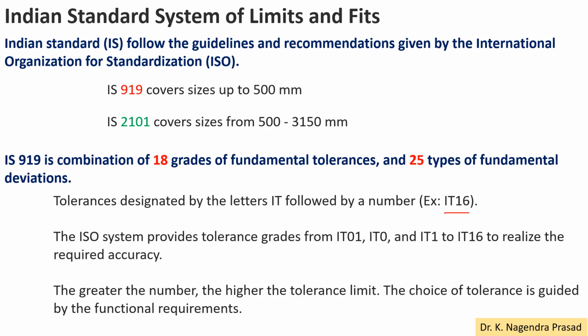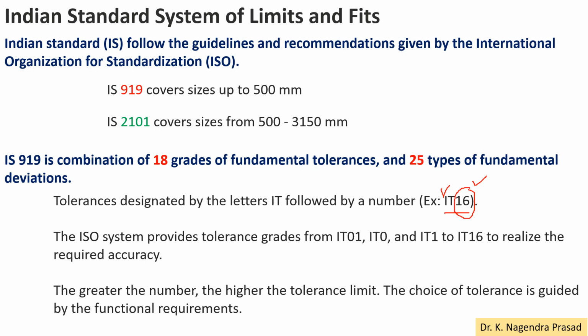So IT is the fundamental tolerance, and 16 is its tolerance grade. And the ISO system provides the tolerance grades from IT01, IT0 and IT1, IT2 up to IT16. So we know that one.